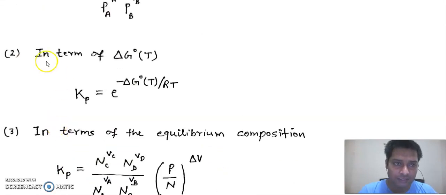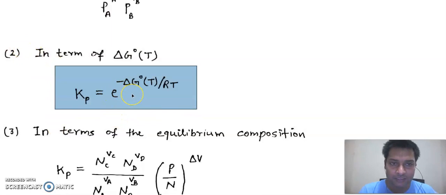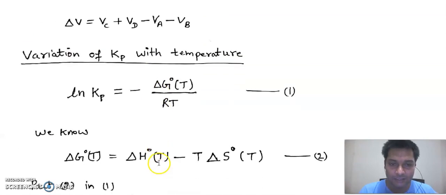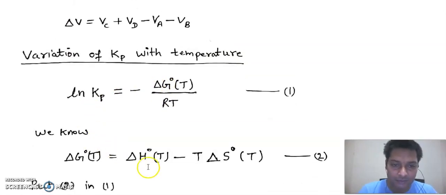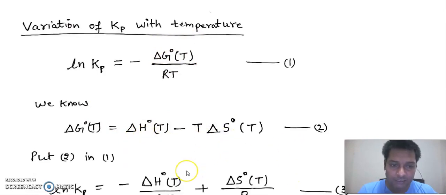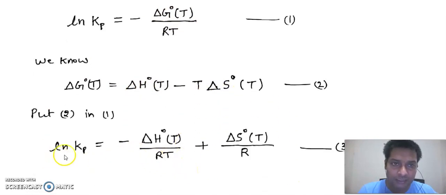So let's take Kp equal to e raised to the power minus delta G by RT. We also know the change in Gibbs energy is equal to delta H minus T delta S. If we replace the Gibbs energy with this equation, then finally we get equation 3, in which delta G is replaced by this and the two terms are separated.